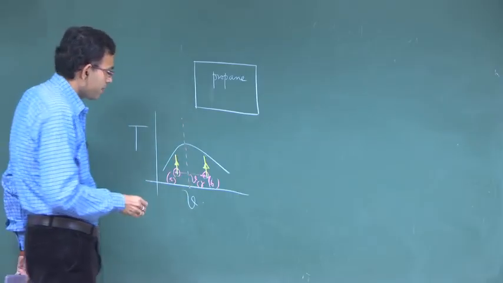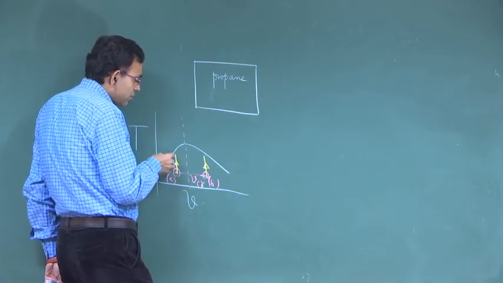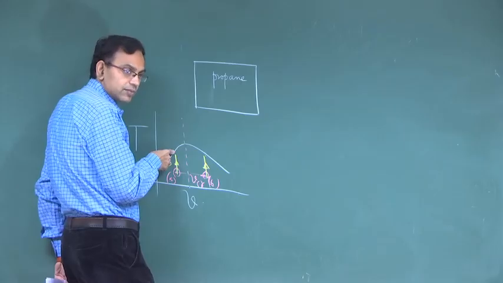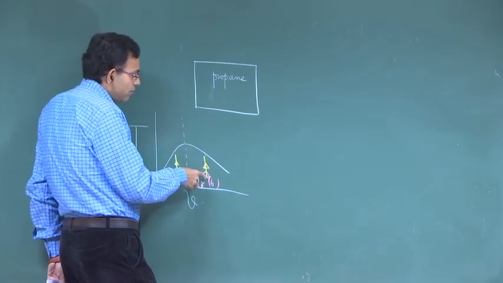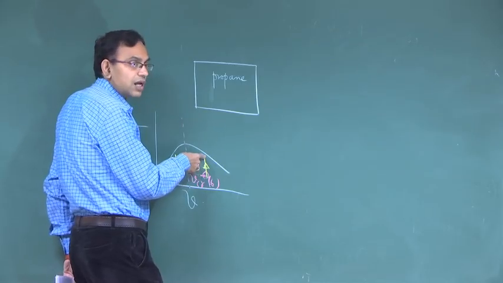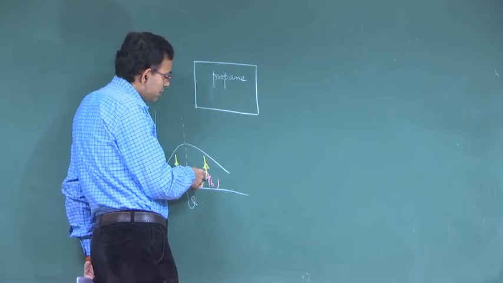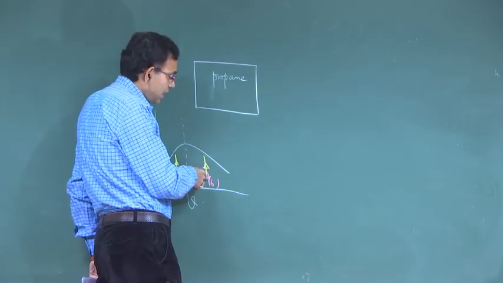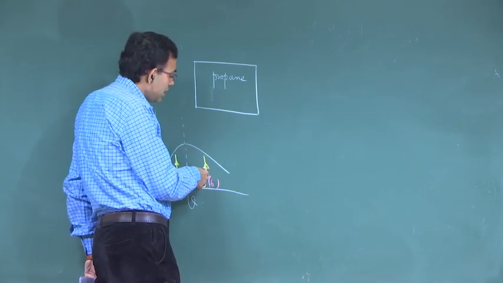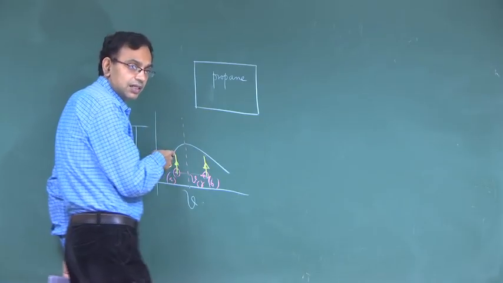As you are heating here, it is going closer to the saturated liquid line. And once you are heating here, it is going closer to the saturated vapor line. For example, here quality could be maybe 70% and here it is close to quality equal to 100%. That means here the vapor fraction is increasing, here similarly the liquid fraction is increasing.